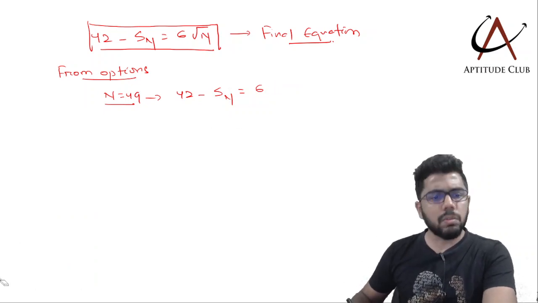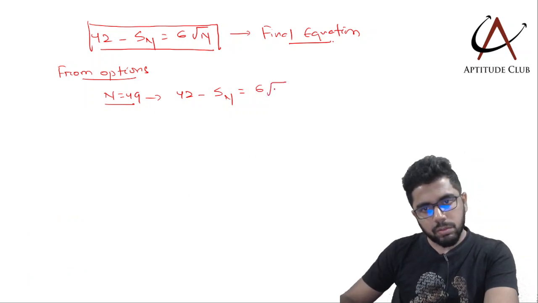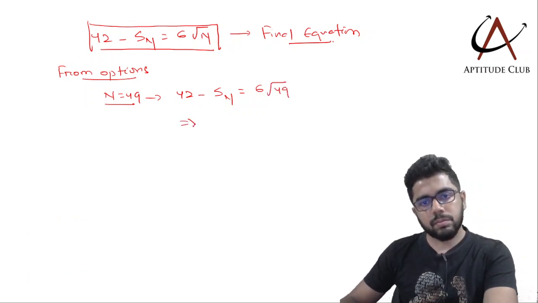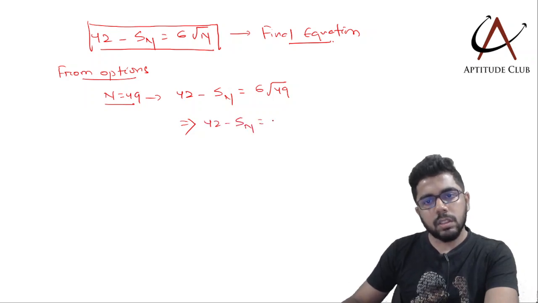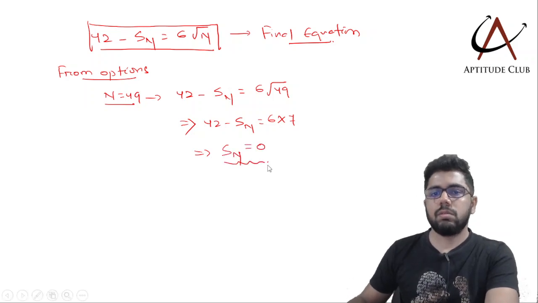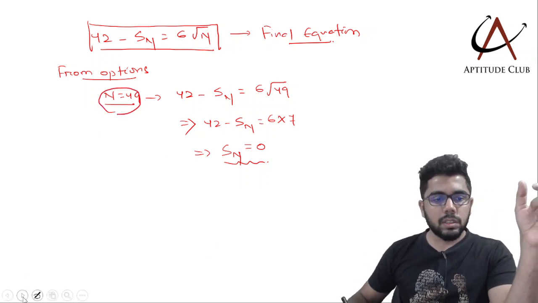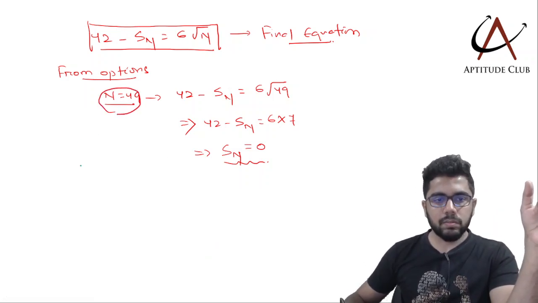So it's talking about the value of n. 6 times square root of 49. This implies 42 minus Sn is 6 times 7, which makes Sn equal to 0. That means when you attach 49 compartments, speed becomes exactly 0.